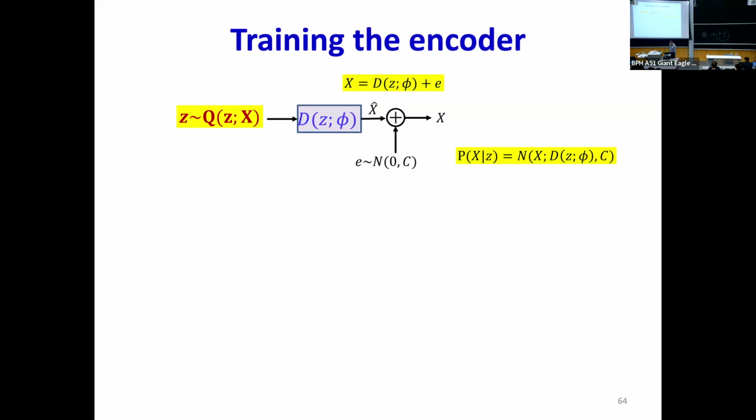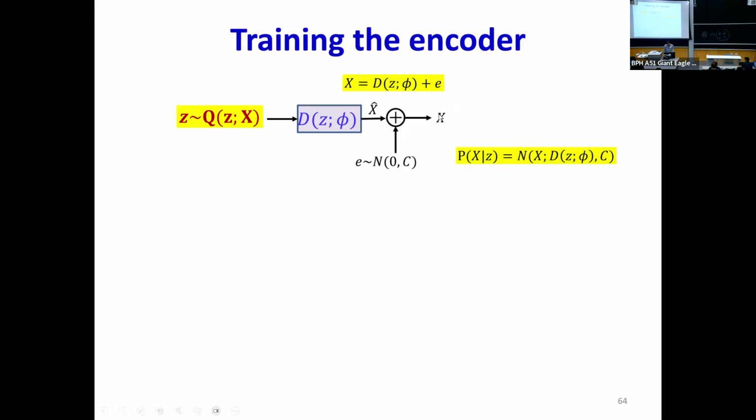And so let's look at what is the probability distribution of X, the training instances, given Z. Once I give you Z, because the decoder is deterministic, giving you Z is the same as giving you X hat, because I can just pass the Z through the decoder and I get X hat. So what is the residue left? The residue is the noise that we're adding. And the noise we are adding, we assumed, is a Gaussian, right? It has mean 0 and variance C.